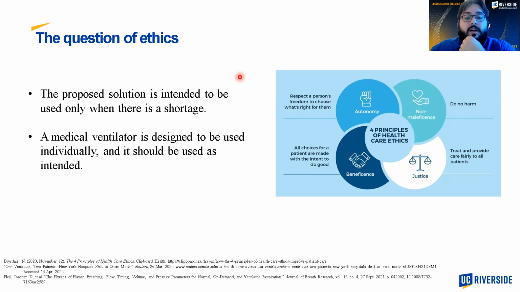And obviously, the hospital and any medical institution will act based on certain ethics. Whatever the institution decides will be for the best case scenario for the patient and for the group of patients in that certain situation.